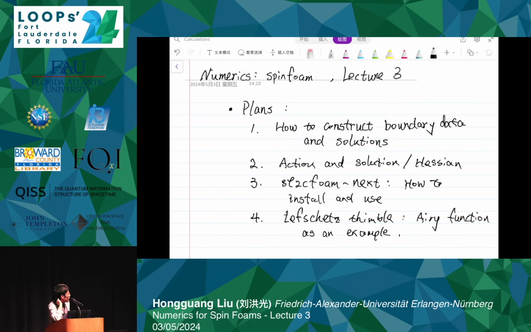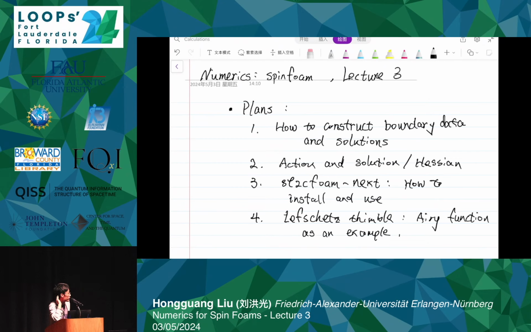And in the third part, I'll introduce the sl2cfoam-next code and how to use it. First thing is how to install it. I know it's already very complicated as it's C code. And the first is an example of the Lorentzian 6j symbols.